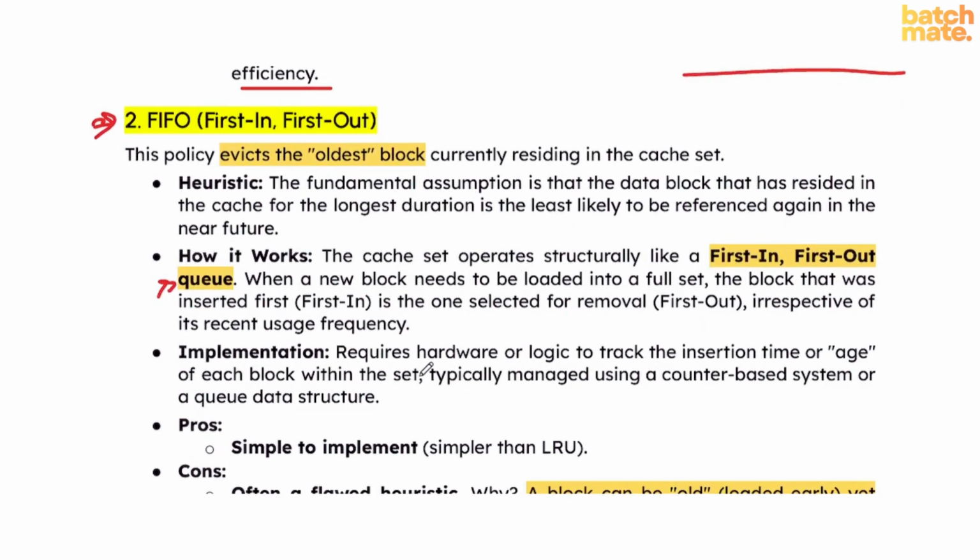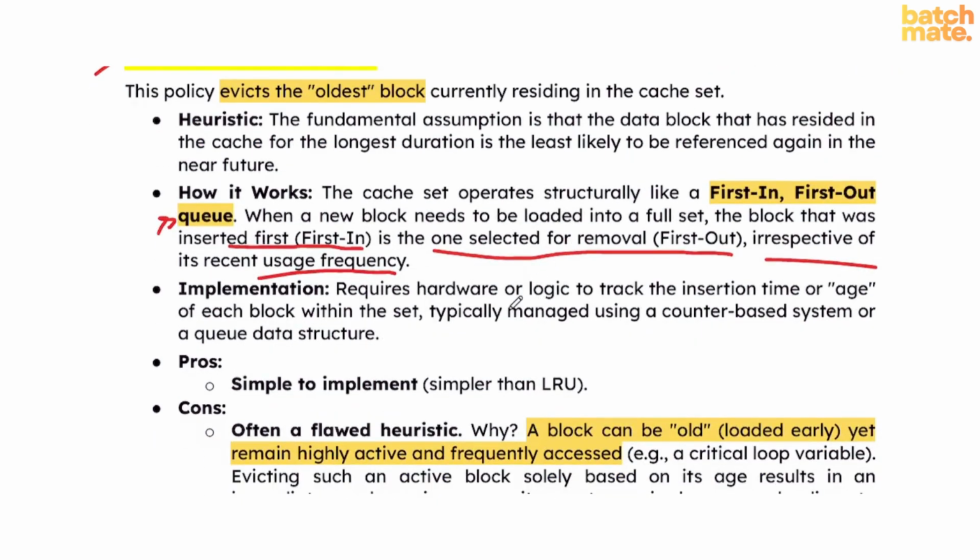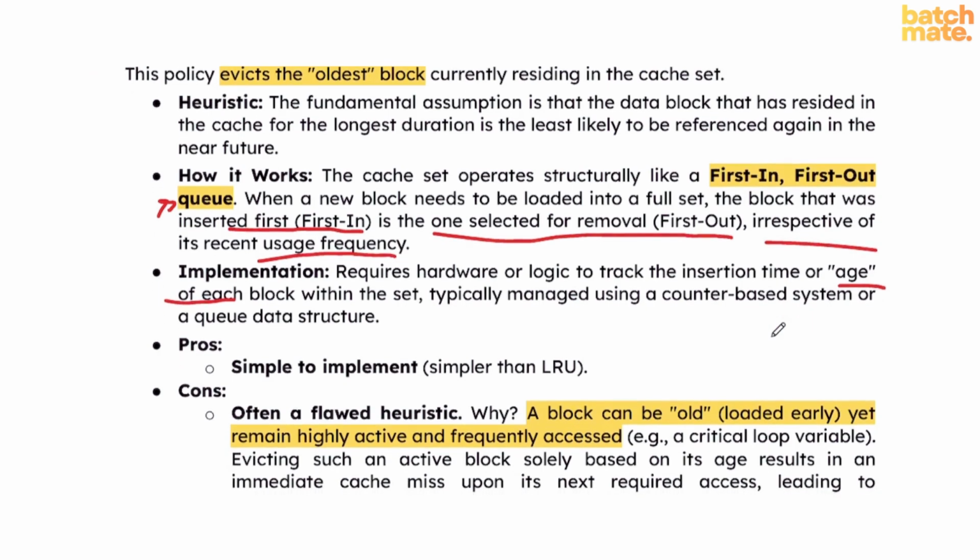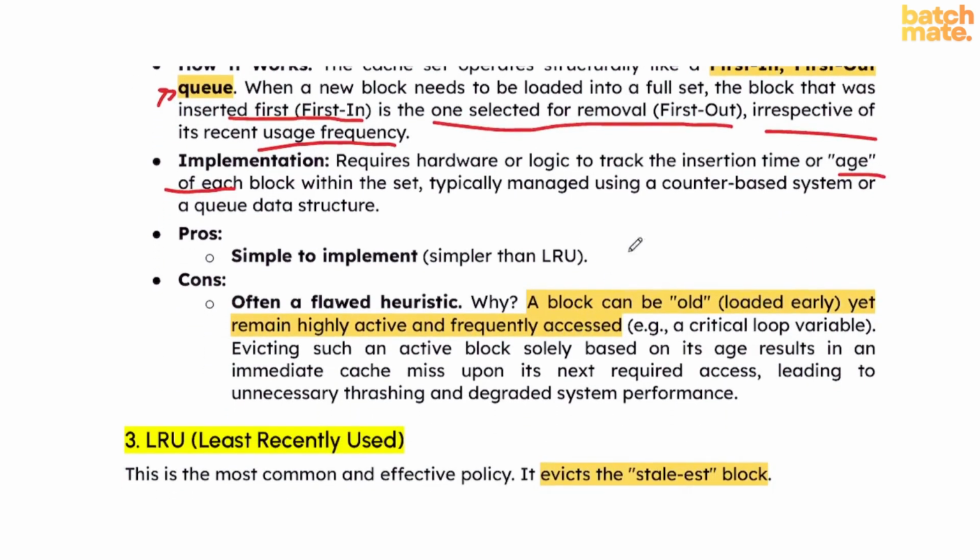When a new block needs to be loaded into a full set, the block that was inserted first in is the one selected for removal first out, irrespective of its recent usage frequency. And it requires the hardware or logic to track the insertion time or age of each block within the set. Now, it's simpler to implement than other methods, but there's a fatal flaw in its heuristic.